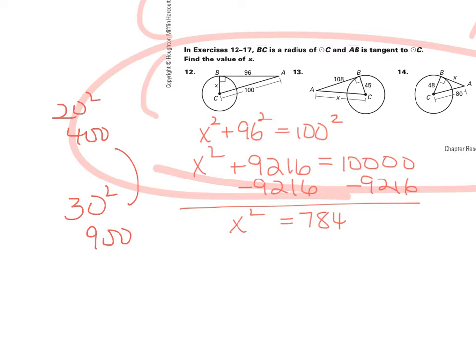So this number actually, the square root of 784 is 28. So you'll have a question like this where you apply the Pythagorean theorem. If it's a perfect square, the instructions don't say simplest radical form. There is one question where it tells you simplest radical form, so that should be a clue that you're going to have a radical in your answer. It may need to be simplified and it may not.